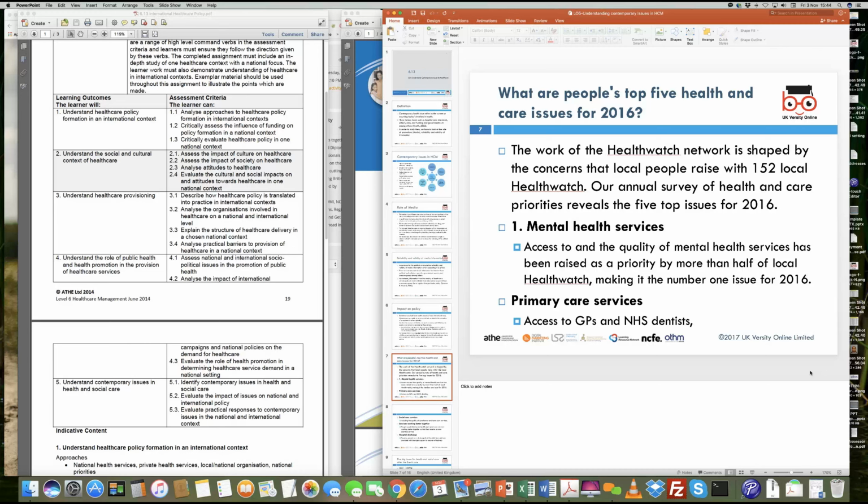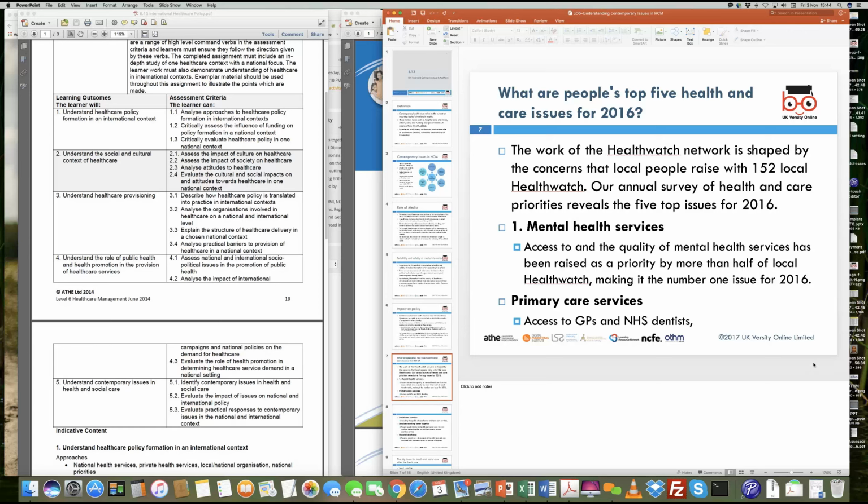So access to and quality of mental health care services is being raised as one of the biggest issues which the NHS now needs to address, because as people live longer, these new types of disorders and diseases being diagnosed require a mental health services division within the NHS to provide services and take care of patients.